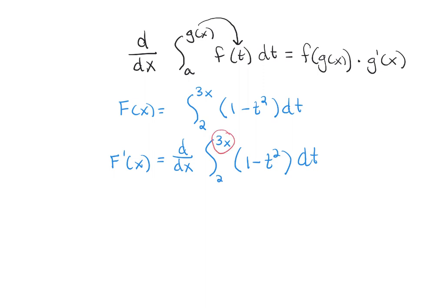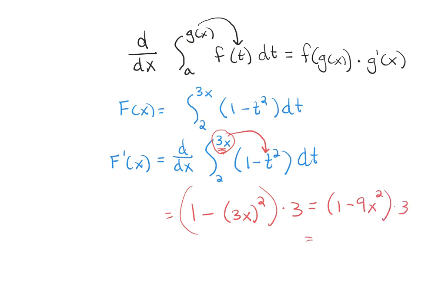We're basically replacing the variable with 3x, but then multiplying by the derivative of what we're plugging in. So this is equal to 1 minus 3x squared, and that whole thing is times the derivative of 3x, which is just 3. And you can simplify that. We could do 1 minus 9x squared times 3. So 3 minus 27x squared.